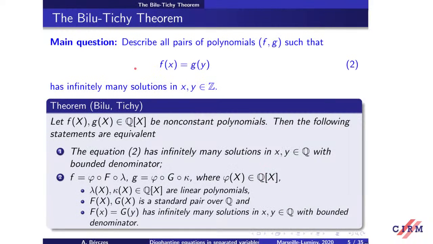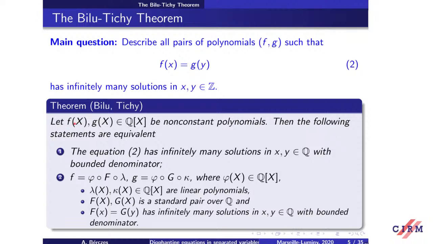Now, the question of describing all pairs of polynomials such that the equation f(x) = g(y) has infinitely many solutions has been solved by Bilu and Tichy. This is a widely known and appreciated theorem, which became a very important tool in Diophantine number theory.